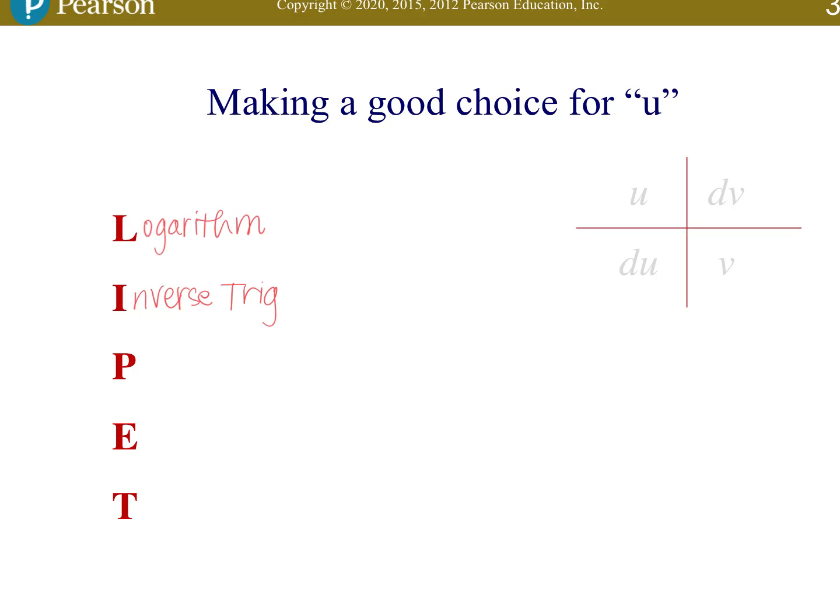What do you think P stands for? Polynomials. So polynomials are things with powers. They can be fractional powers too, though. They can be to the half power, to the 5/3 power. That counts as a polynomial also. Okay, so it'd be a power. E is exponential.